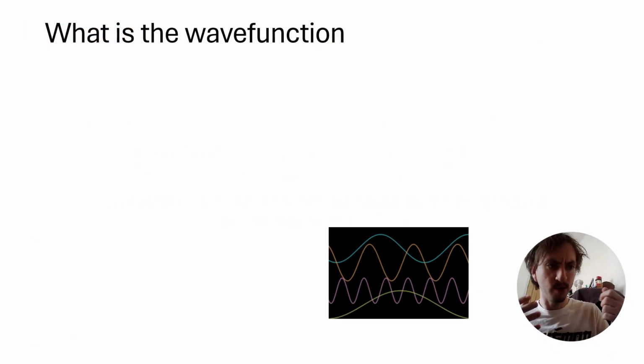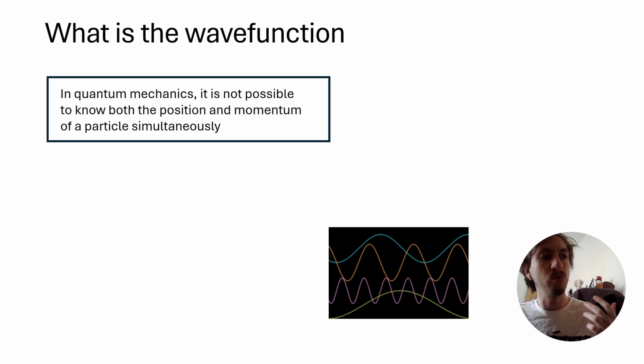So the best place to begin is to look at the kind of object, the mathematical description of the state of a system, that Schrödinger's equation is concerned with. And that thing is a wave function. Now, in classical physics, we don't need a wave function, but in quantum physics, we do.